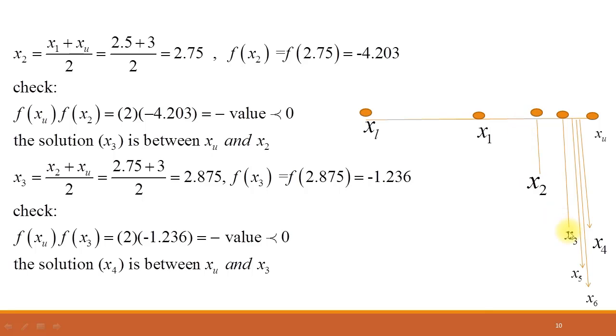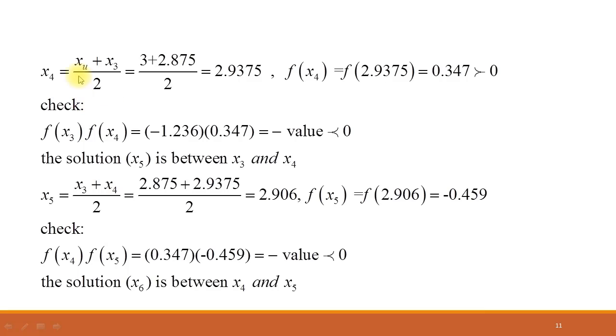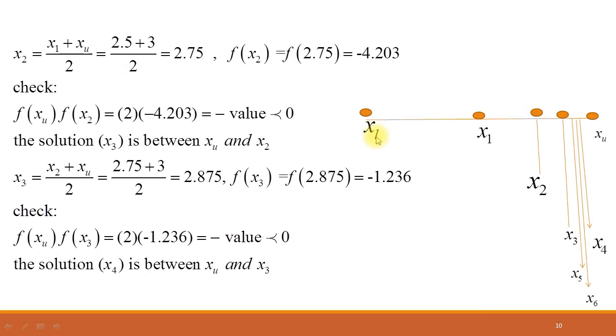Similarly for x3, the function has opposite sign at x2 and xu, so x3 will be the mid of x2 and xu. And similarly for x4, the function has opposite sign at xu and x3, so x4 will be the mid of x3 and xu. This is x3 and this is xu.